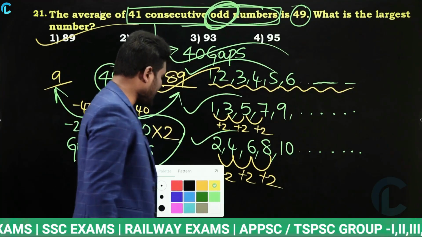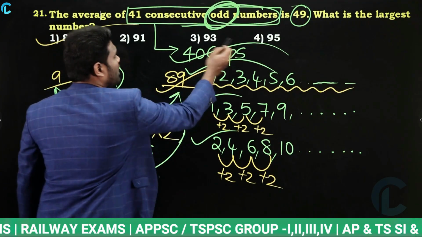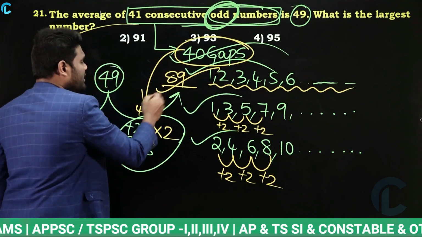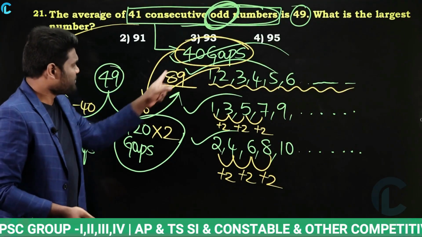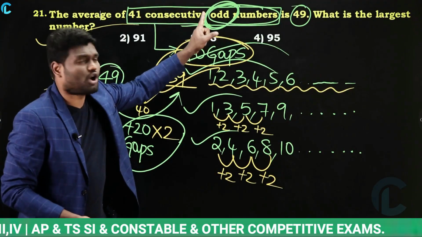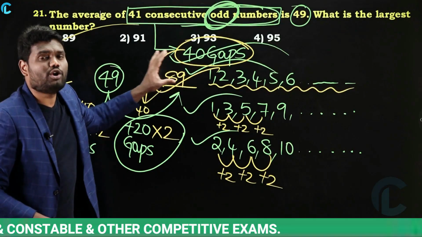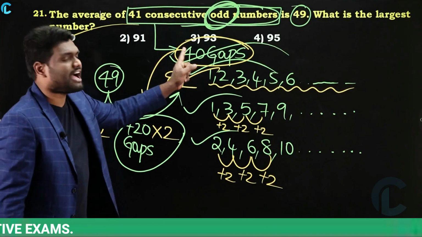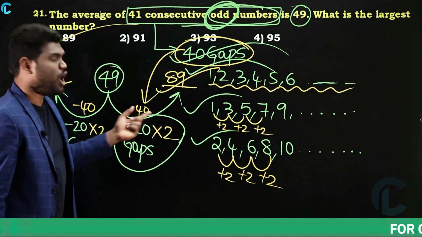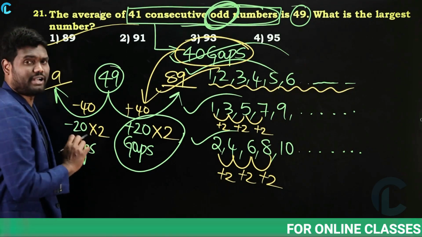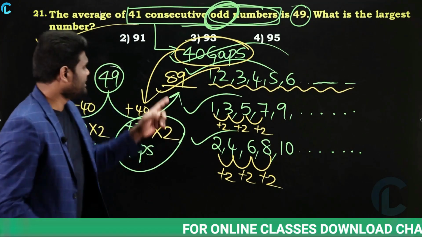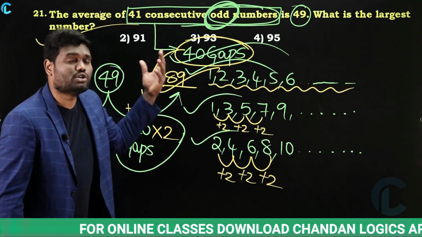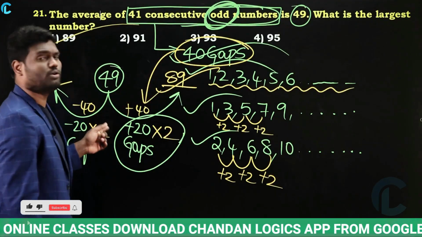How many gaps do you have? 40 gaps. So directly add 40. Whenever you have consecutive odd numbers or consecutive even numbers, you can add the number of gaps or subtract the number of gaps. Here you have 40 gaps, so plus 40, or else minus 40. If they ask you the highest number, you will do plus 40. If they ask you the smallest number, you are going to do minus 40.